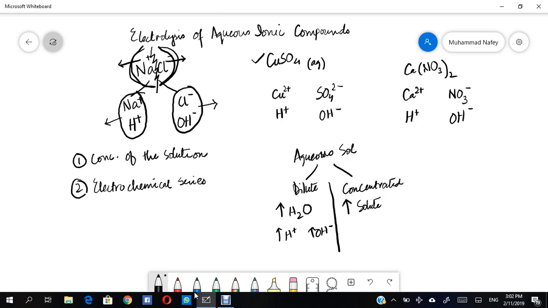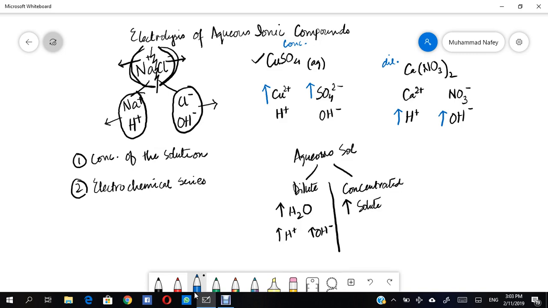So let's say this was a concentrated solution of copper sulfate. Obviously it's going to have a greater proportion of copper ions and sulfate ions as compared to hydrogen ions and hydroxide ions. Similarly, if this is a dilute solution of calcium nitrate, then we will have a much greater amount of hydrogen ions and hydroxide ions as compared to the calcium ions and the nitrate ions.